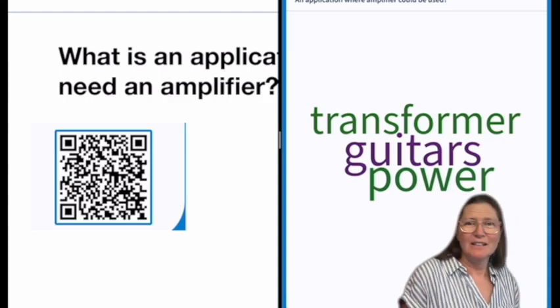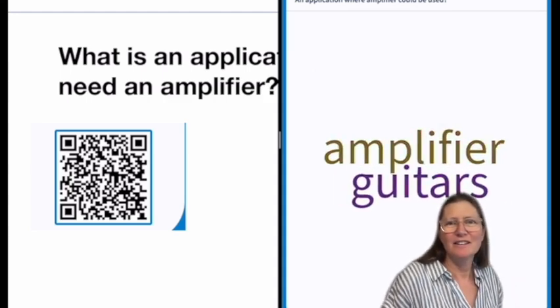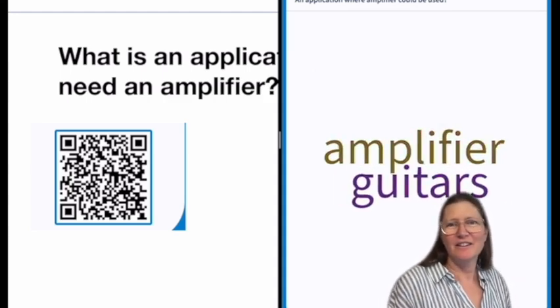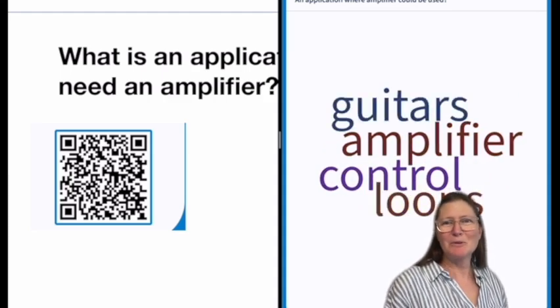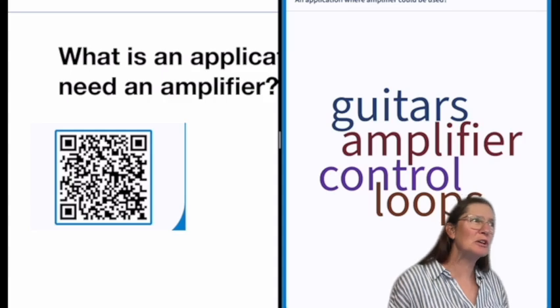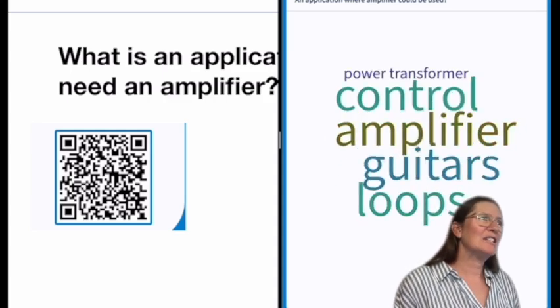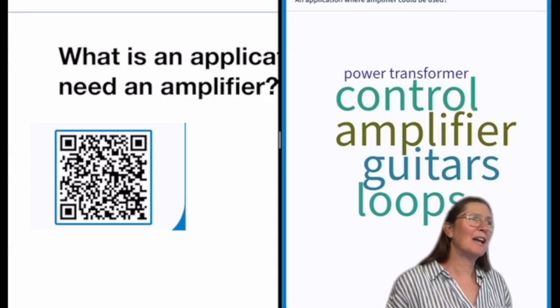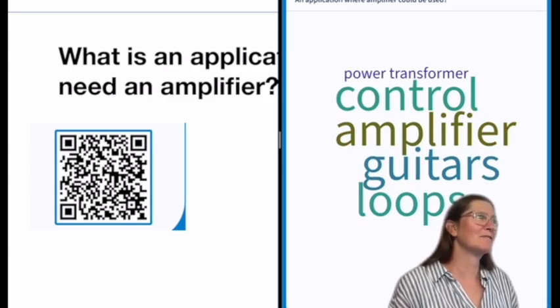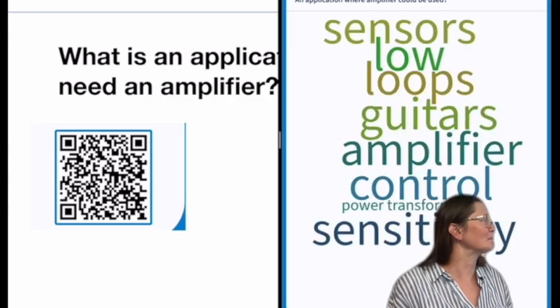Okay. So maybe some musicians in here. There's a guitar pedal that can amplify and distort your signal and make different sounds from that, which is pretty cool.